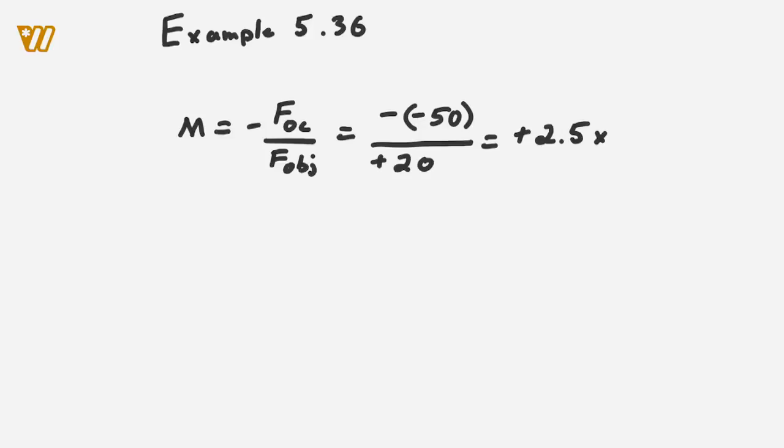That makes sense because we know that Galilean telescopes have an upright image. 2.5 is greater than 1, and remember, with magnification, if it's greater than 1, you're going to have magnification. If it's less than 1, you're going to have minification. So we have a magnified image, which is what we should have with a telescope. We get an upright, magnified image. That all looks good.